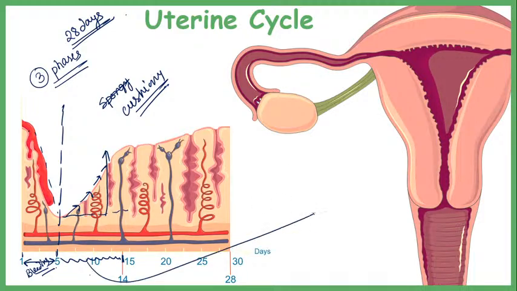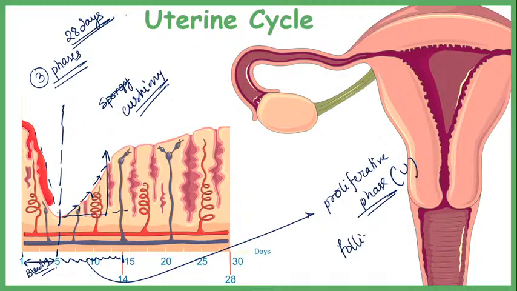So this phase is known as the proliferative phase for the uterus, and the follicular phase for the ovary, because at this point of time the follicles start to develop under the influence of FSH and LH that we just saw in the previous slides. Clear?